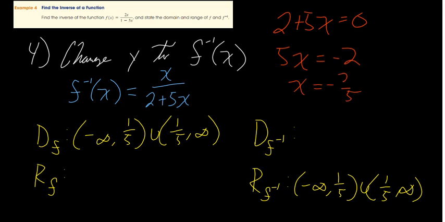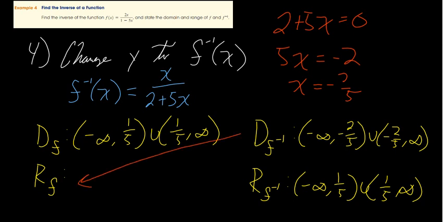That is what makes this denominator equal to 0, so I cannot use that in my domain. So the domain of my f inverse is all the values except for negative 2/5. And conveniently, that is the range of my f.